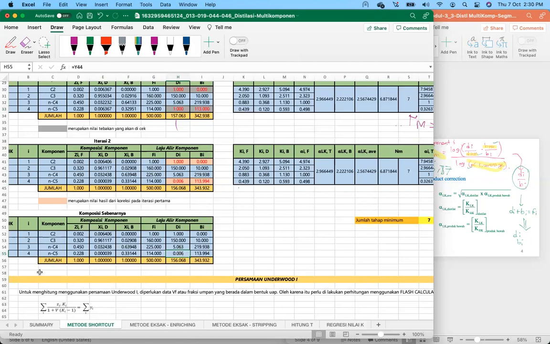So now this is your composition. This is your real mass balance and your real composition. This is the composition for the bottom, and this is the composition of the distillate. Okay, so that is the Fenske.